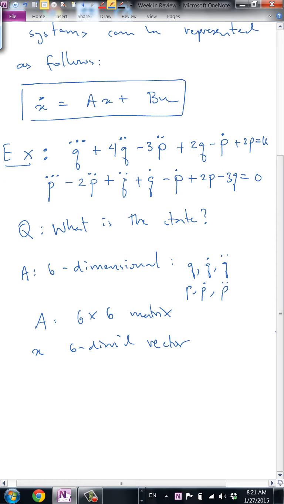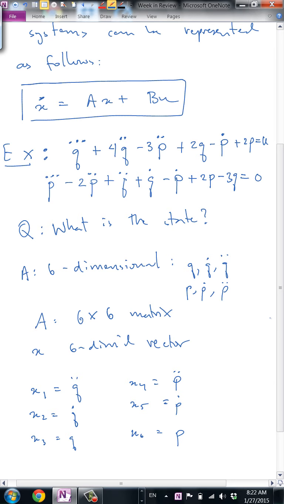So let's see how we're going to do this. Let x1 equal q double dot, x2 equal q dot, x3 equal q, x4 equal p double dot, x5 equal p dot, and x6 equal p. And so now I need to write the equations above.